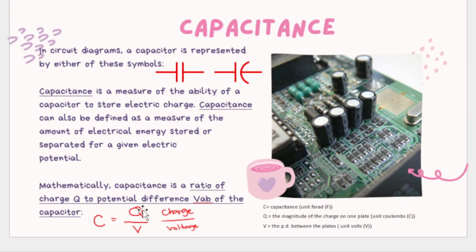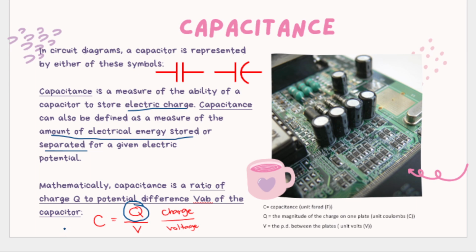Polarized capacitor. Okay? So capacitance is a measure of the ability of your capacitor to store electric charge. Capacitance can also be defined as the measure of the amount of electrical energy stored or separated for a given electric potential. So of course, capacitance is directly proportional to our charge.